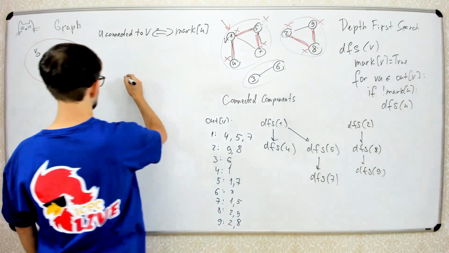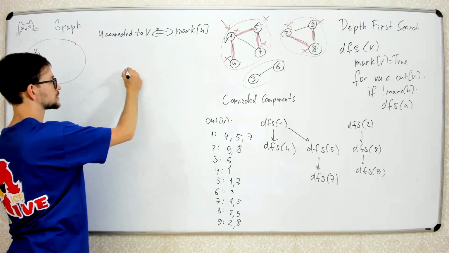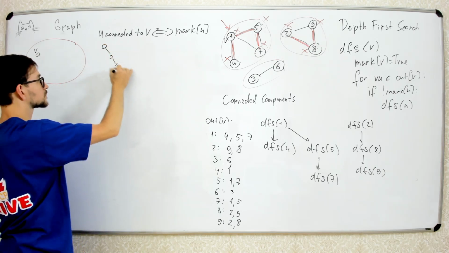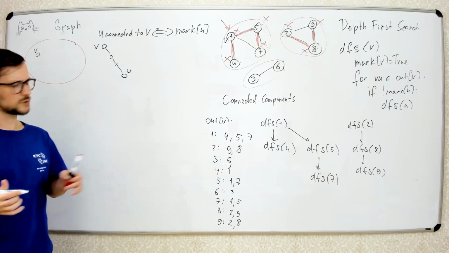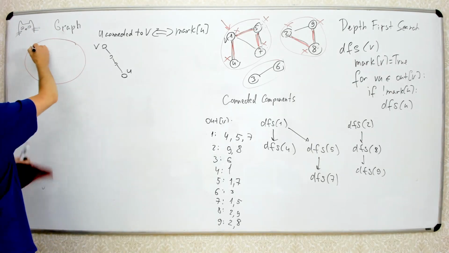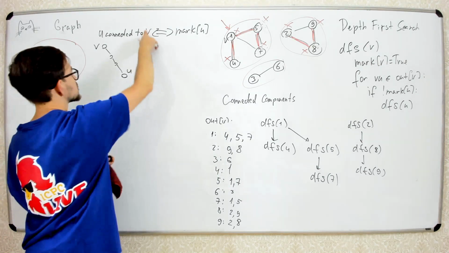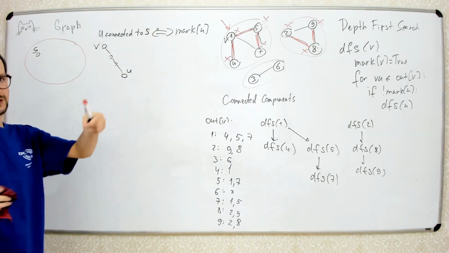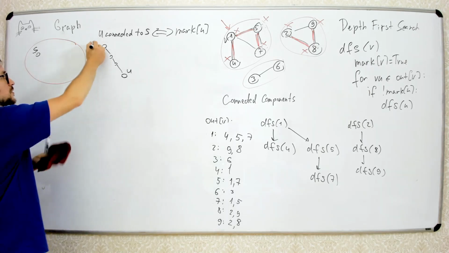So if we run DFS from some node, let's call it S, because we have V here. S is the first vertex from which we start the DFS, right? So this is the first node.